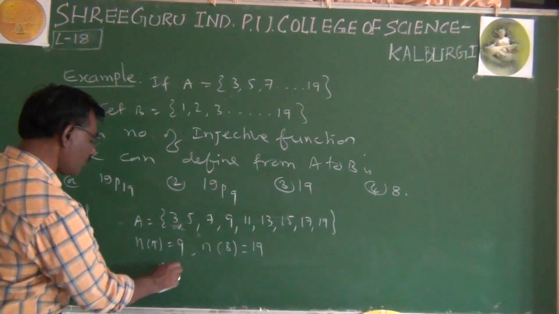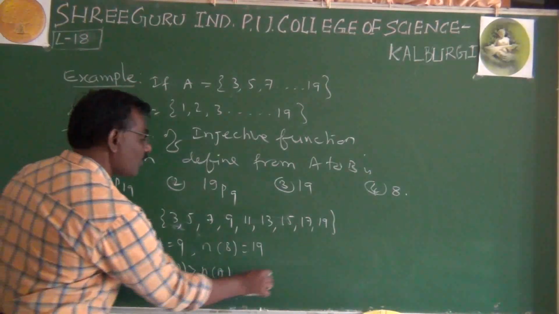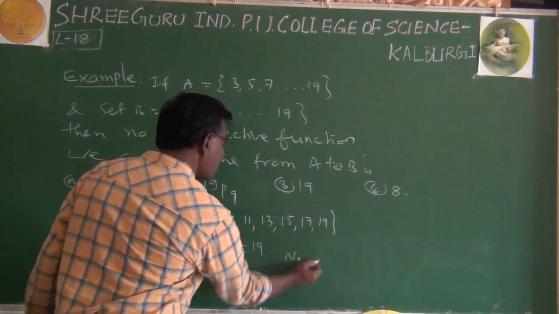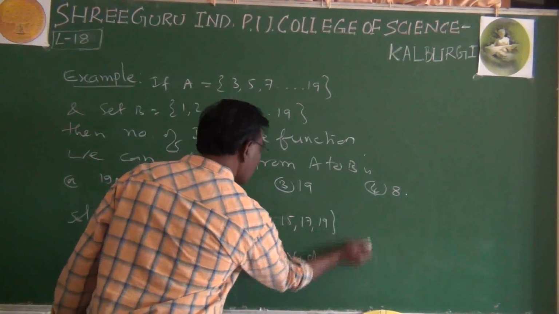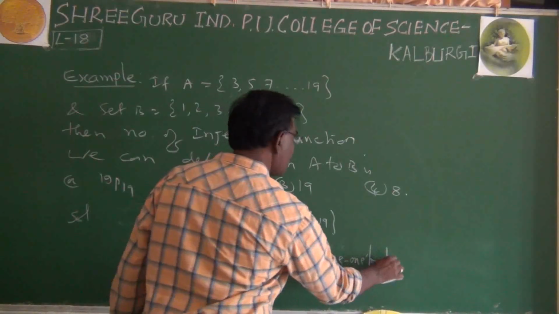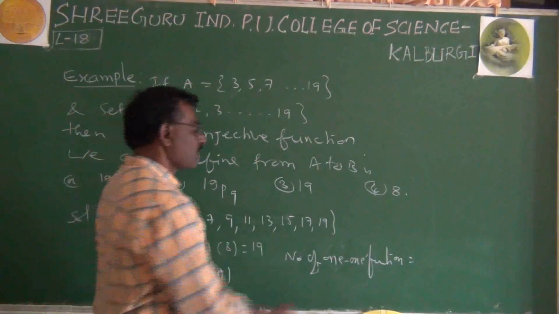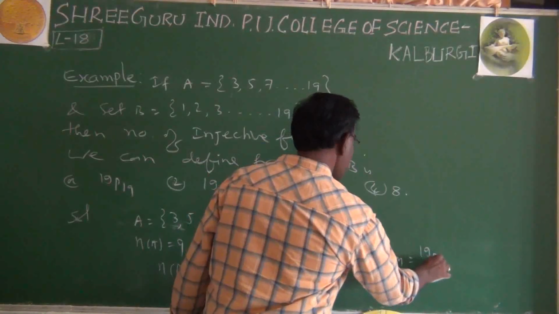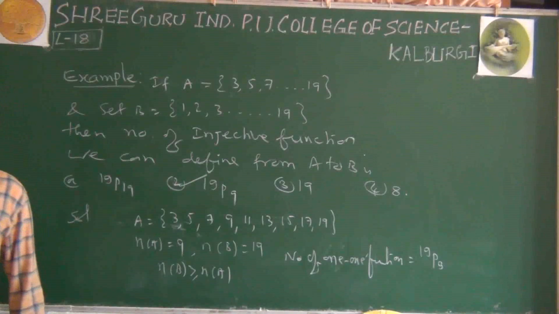Okay, n of B greater than n of A. So number of one-one functions is 19P9. So 19P9, option 2, is correct.